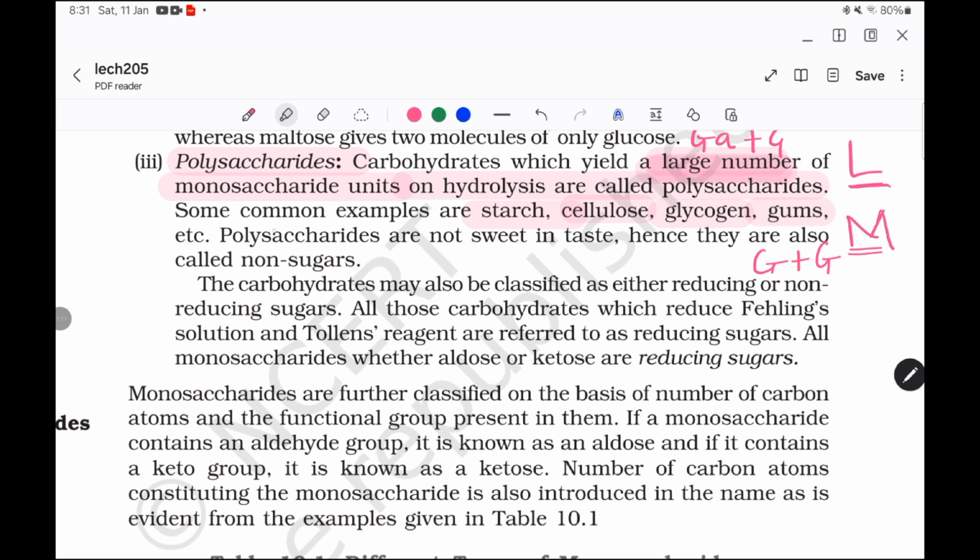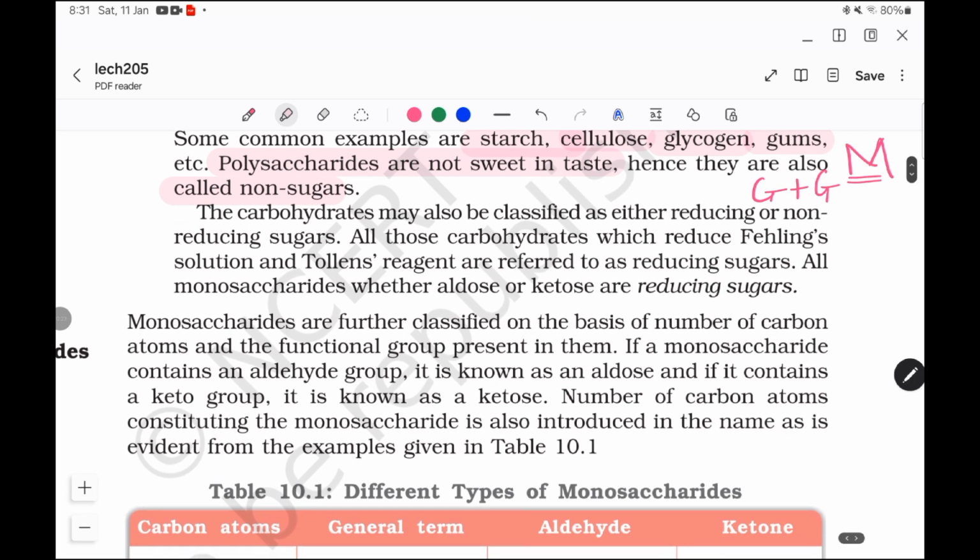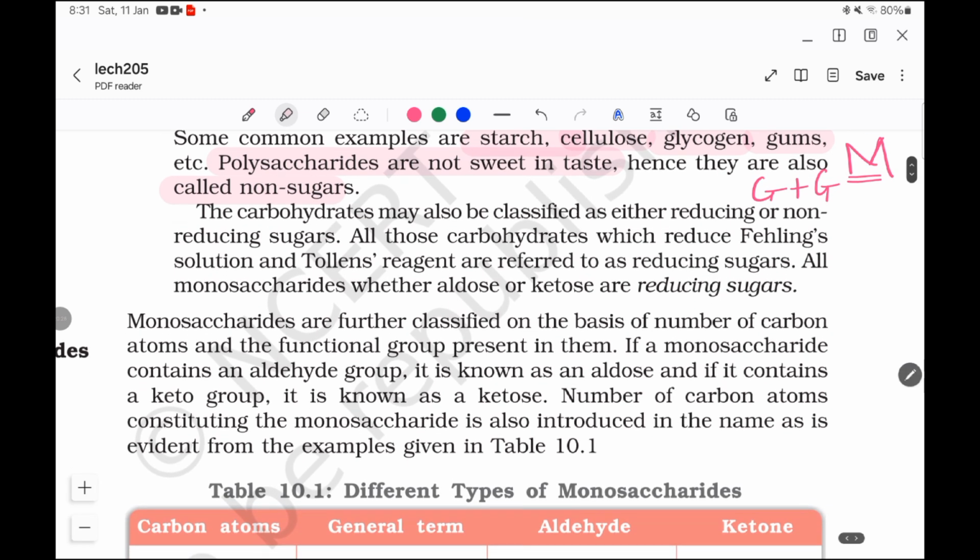The very important point here is that polysaccharides are not sweet like monosaccharides. Hence, we can also call them non-sugars. So the first classification can be depending upon taste: sweet and non-sweet.